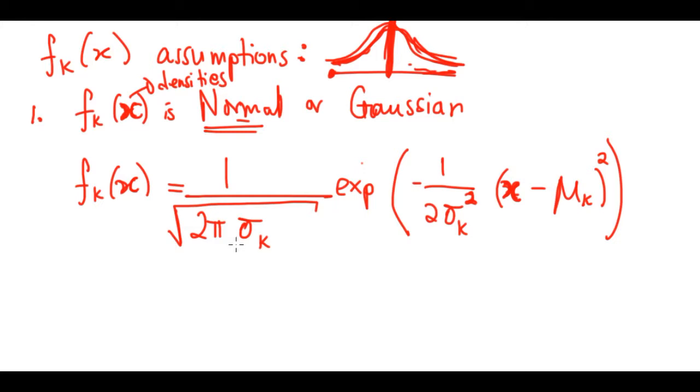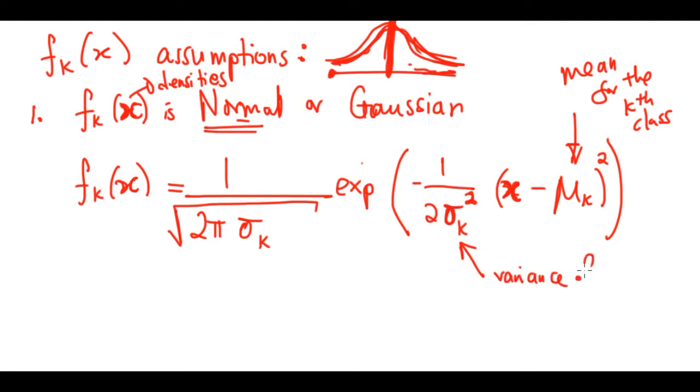So this mu_k is the mean of the kth class, and this sigma squared is the variance of the kth class.